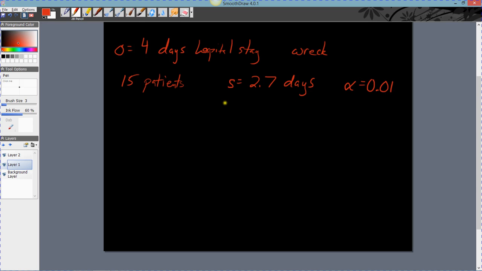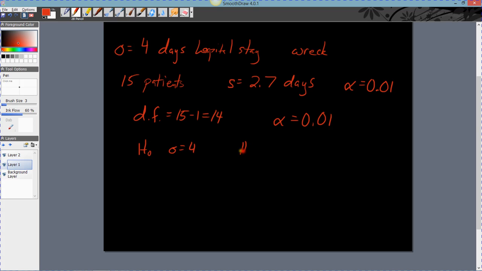Again, for figuring out our critical value of chi-squared, we don't need the sample standard deviation or the population standard deviation. All we need to know is the number of patients, because that gives us degrees of freedom. We need to know this alpha. And we need to know, is this left-tailed, right-tailed, or two-tailed? Well, the claim is that sigma equals 4.